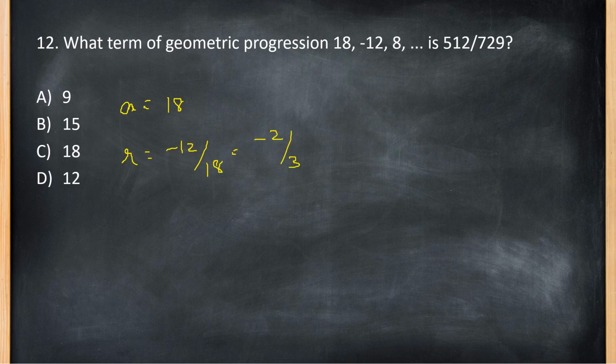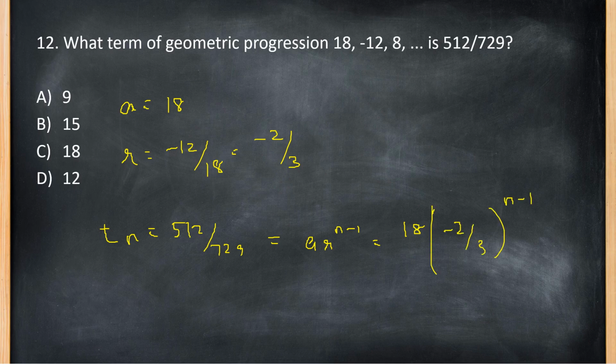So this is the common ratio, and Tn is given as, the last term is 512 divided by 729. So Tn is a into r power n minus 1, that's nothing else but 18 into (minus 2 by 3) power n minus 1.